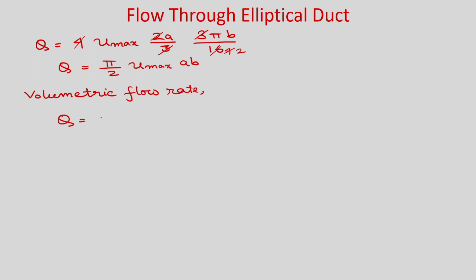Okay. So, now if we put the value of u max, then we can write the volumetric flow rate as Q is equal to, so u max is 1 by twice mu minus del p by del x a square b square by a square plus b square, and another a b is there.